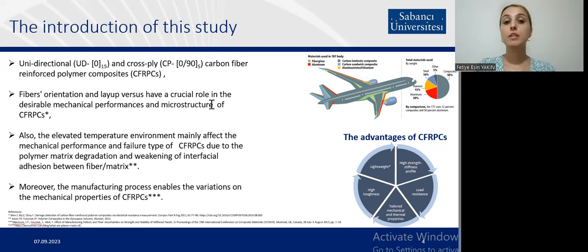The elevated temperature environment mainly affects the mechanical performance and failure types of carbon fiber reinforced polymers due to polymer matrix degradation and weakening interfacial adhesion between fiber and matrix. Moreover, the manufacturing process causes variation in the mechanical properties of the composite.